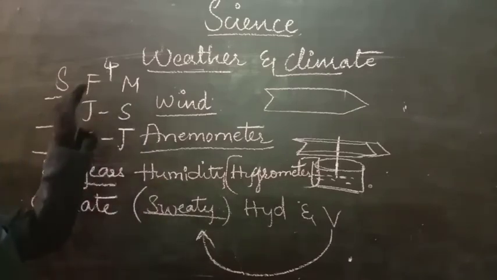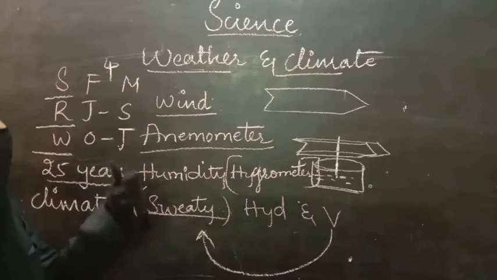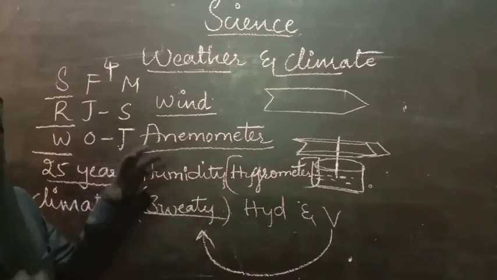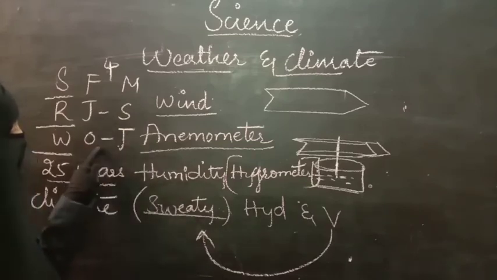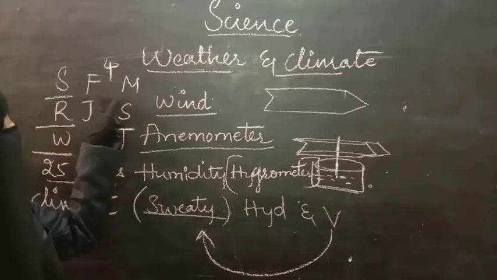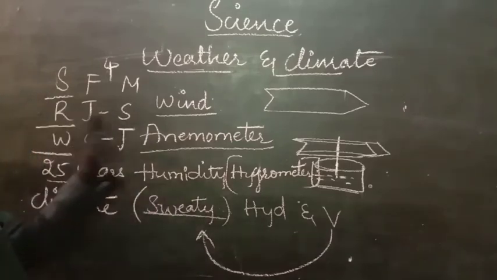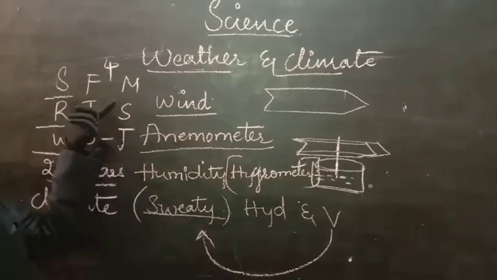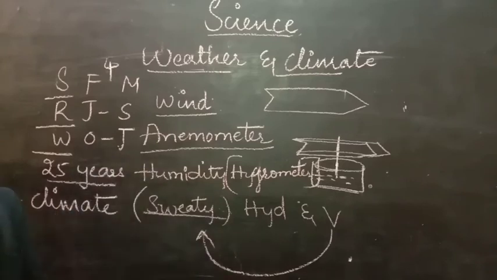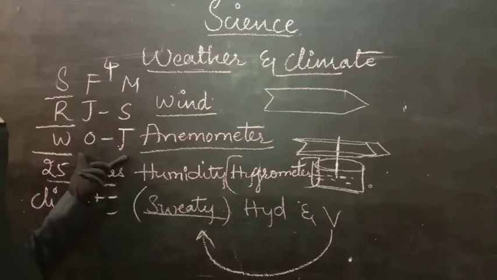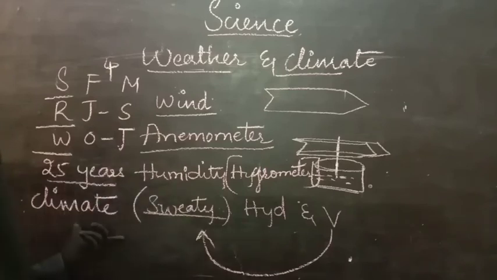That means usually 4 months will be more hot, 4 months will have a lot of rainfall, monsoon season, and 4 months will be very cool. That is because it is a continuous weather pattern. For the last 25 years, the same pattern has been followed by nature. So based on this pattern, we have decided the climate of India.